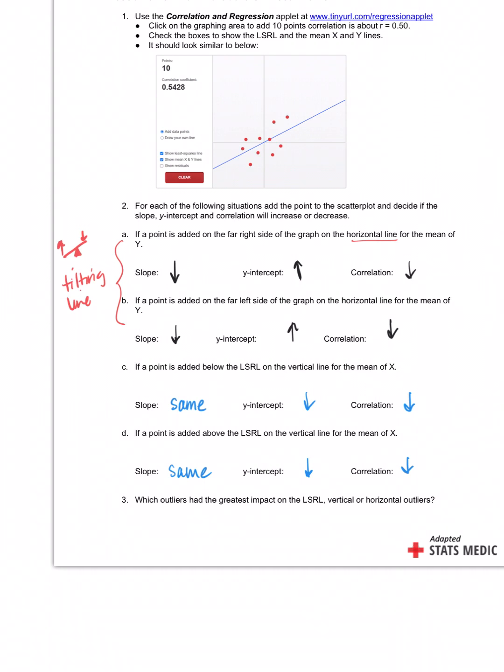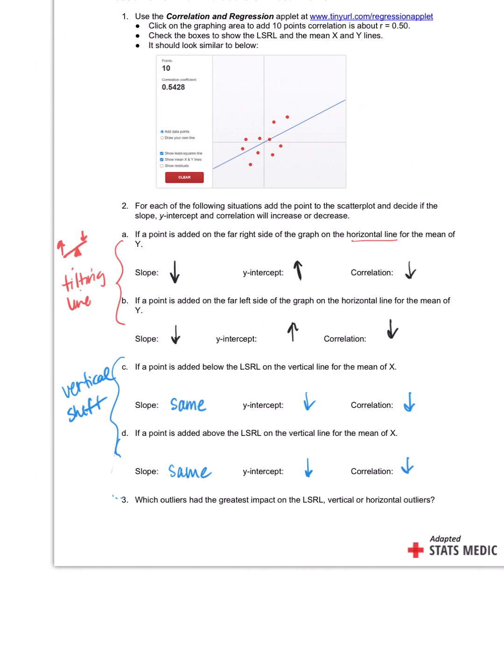But a vertical outlier, those are the other two that we did here, vertical outliers, it didn't mess with everything, did it? It kept my slope, but it did move my y-intercept. So really what it's doing is just transforming that graph, moving it down or moving it up, a vertical shift, okay?